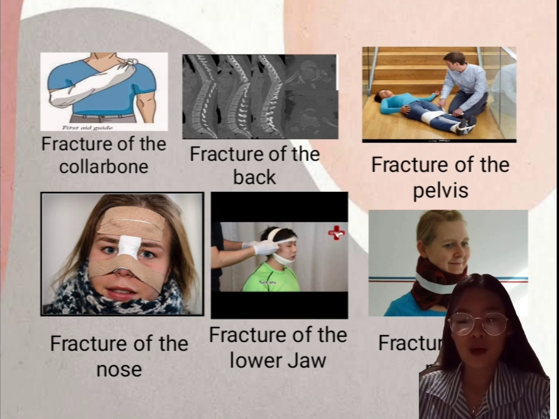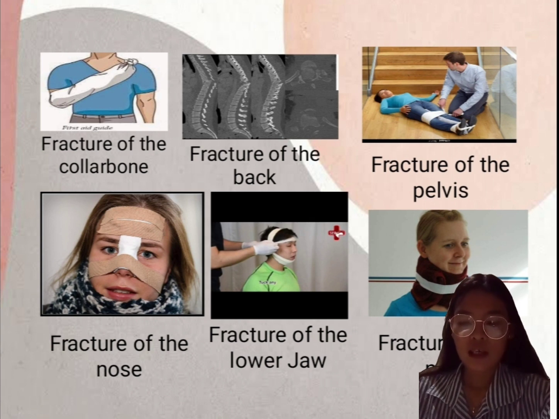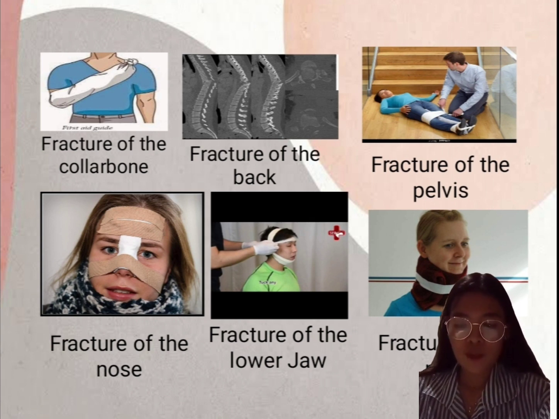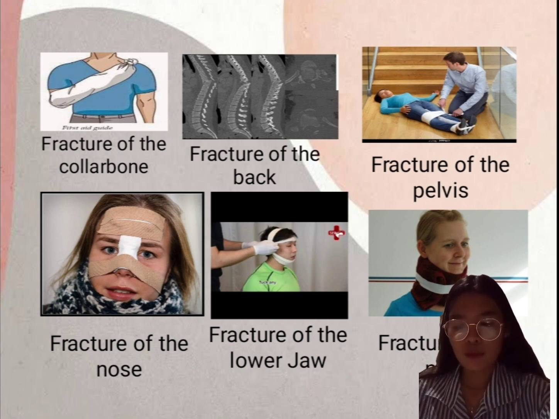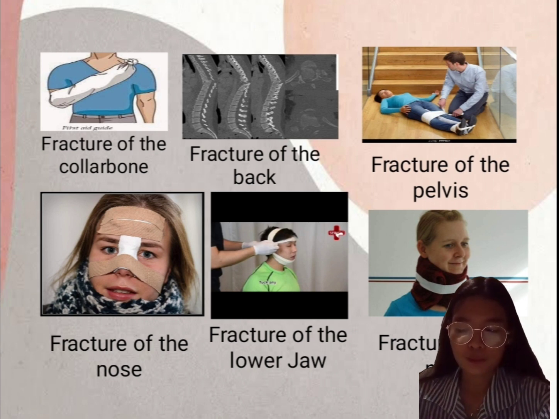Place the palm of the hand below the jaw and raise it gently to bring the lower teeth against the upper teeth. Support the jaw with a bandage passing under the chin and over the top of the head. After that, immobilize the jaw with another bandage from the chin to the back of the neck.